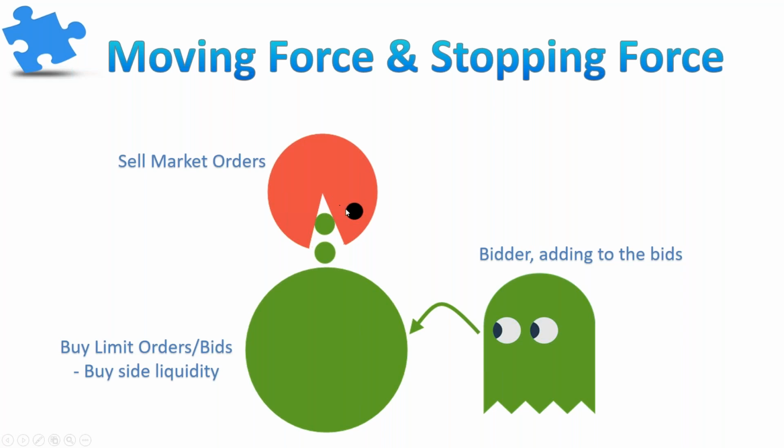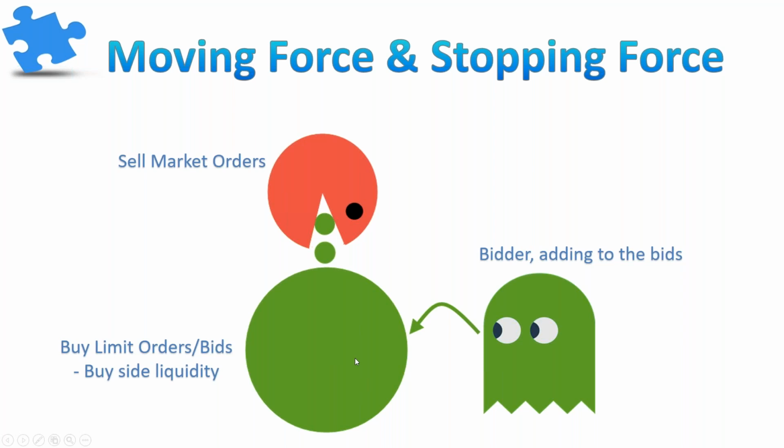Now the stopping force or stopping volume: limit orders don't really create movement, but they can stop it, right? So sometimes, as in this case, there's just too much liquidity to be eaten. Often what we see is limit orders, it doesn't look like there's a lot of liquidity there, but limit orders are actually hidden.